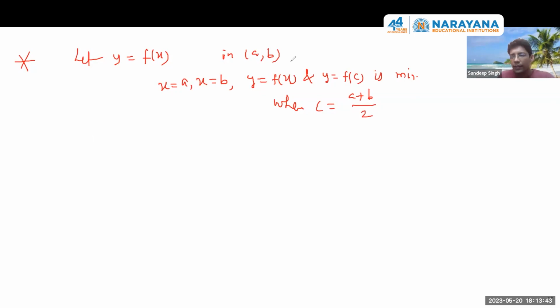So can someone tell me the proof? First try to prove this. Is it by Lagrange mean value theorem, sir? You try, then we can discuss. Not basically Lagrange.